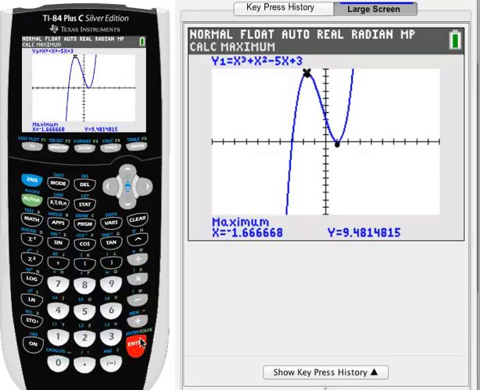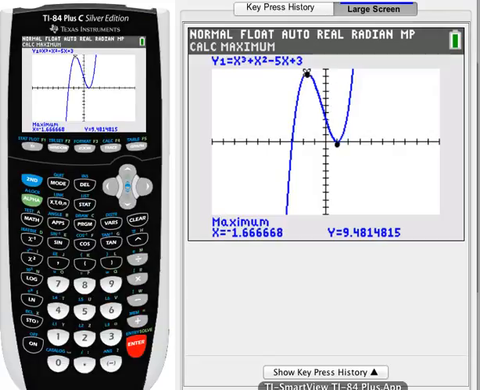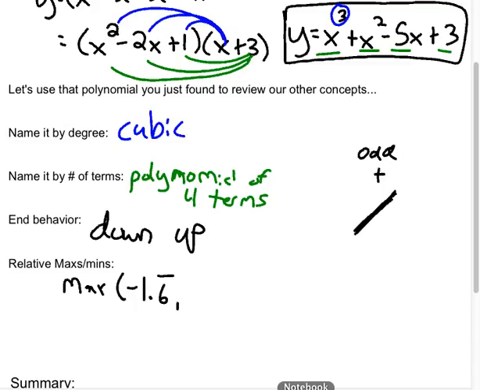So my max point is negative 1.6 repeating, and 9.48 approximately. Okay, you can round to 2 decimal places. So if you don't want to use that notation, you could just call this 9.48. Okay, just round to 2 decimals for me.